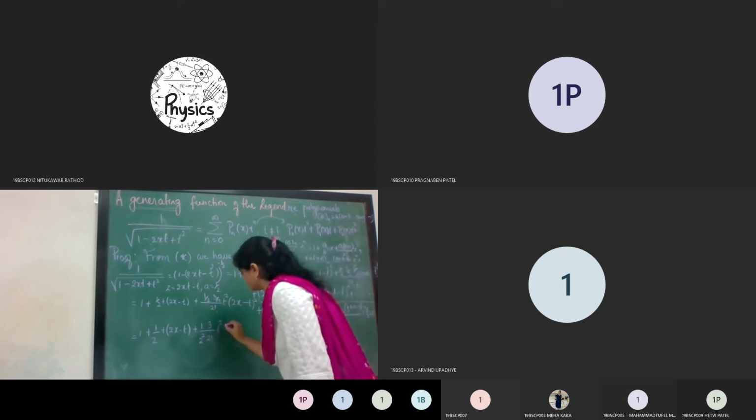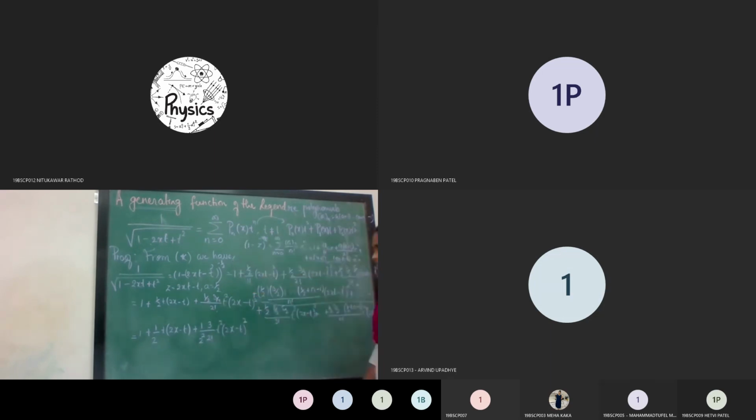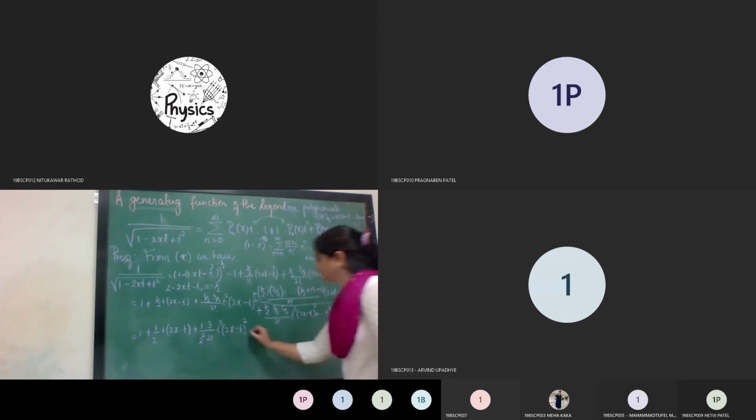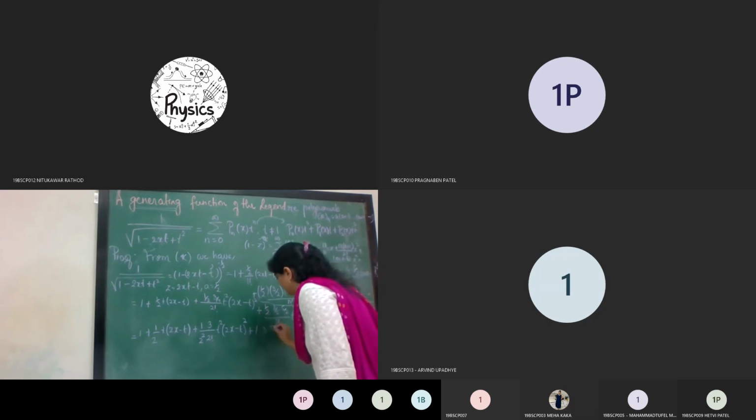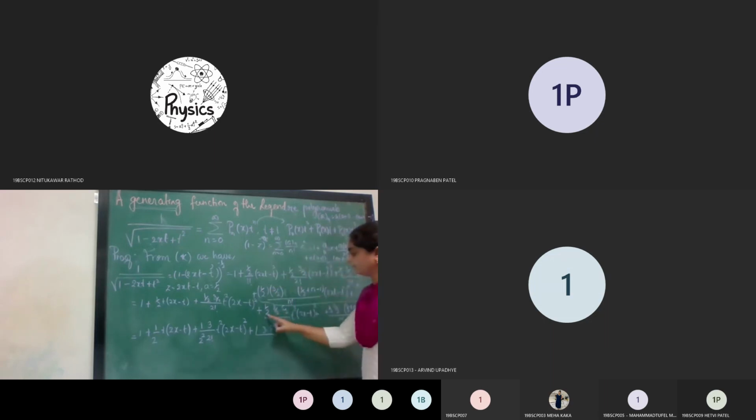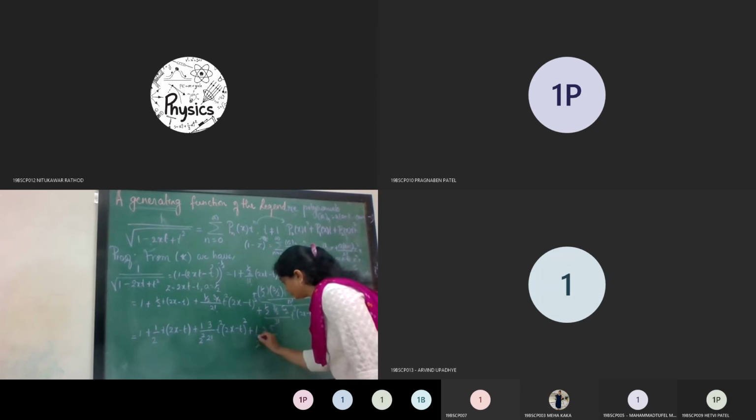T square, 2x minus t whole square, plus next term, आप देखोगे तो numerator is 1 into 3 into 5, in the denominator power of 2 is 3, so 2 cube into 3 factorial, t cube into 2x minus t whole cube.